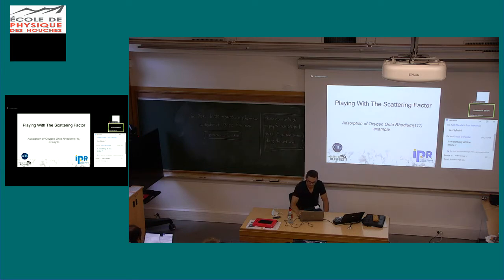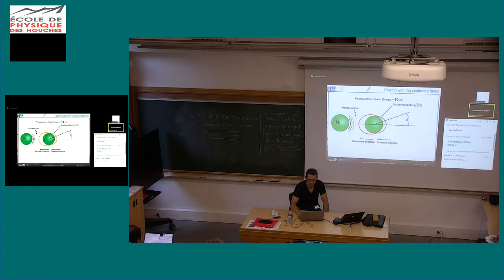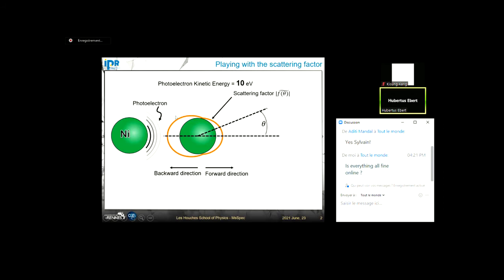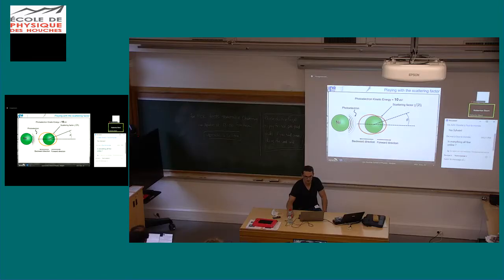Of course, if you do the calculation, for example, for 2 nickel atoms, when the photoelectron is scattered by a second nickel atom, if the energy is very low, for example 10 eV, you see the shape of the scattering factor. There are 2 lobes, but one lobe is more pronounced in the backward direction.